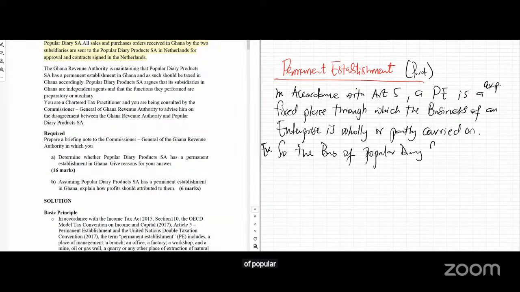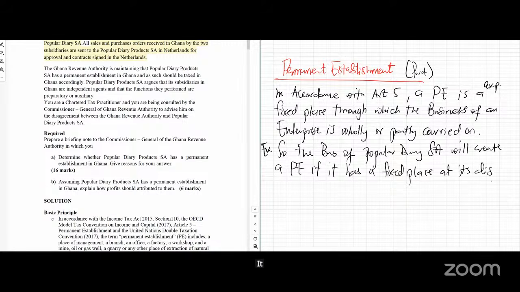Popular Diary will create a PE if it has a fixed place at its disposal in Ghana for carrying out its business.